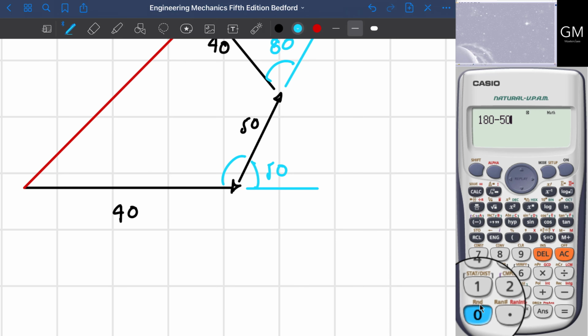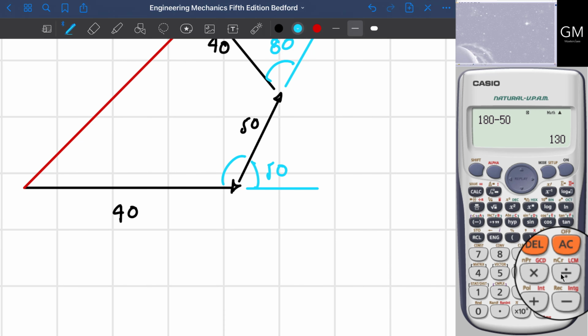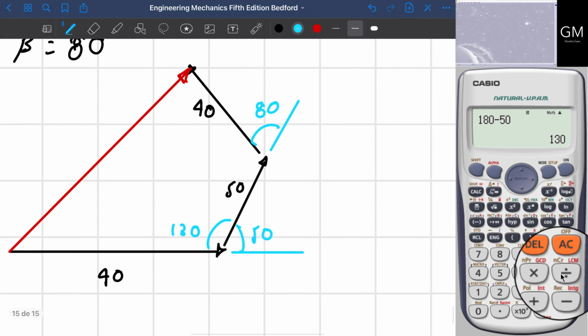But I want to make sure. Yep. Right here I have an angle of 180 minus 80. In this case, this is 100 degrees.